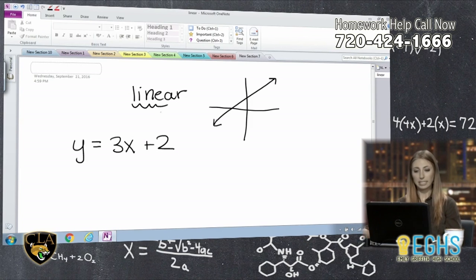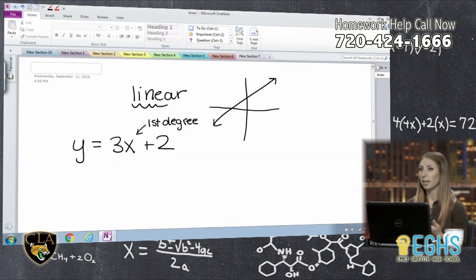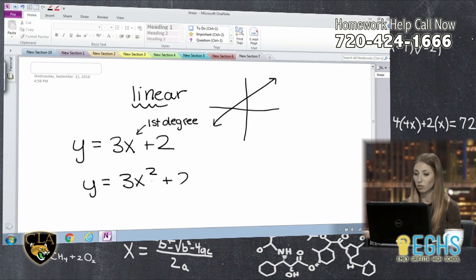What makes it linear is the degree of the equation, and we talk about the degree by the highest power on our variable. You can see here that there's no power written on there, so really it's a first degree equation, and that's what makes it linear. Anything that is not first degree would not be a linear equation. For example, 3x squared plus 2 would be a nonlinear equation. So the definition of linear is, first, that it creates a line when you graph it, and second, that it's a first degree equation rather than a second degree or something like that.